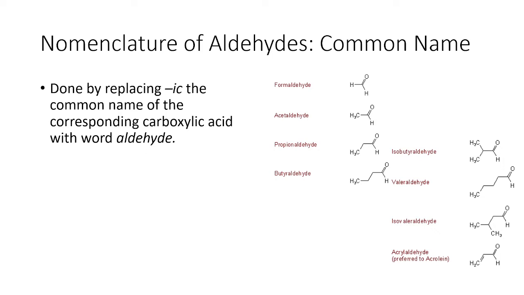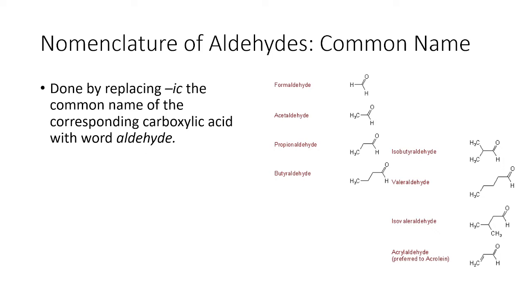The common name of an aldehyde is simply done by replacing the -ic in the common name of the corresponding carboxylic acid with the word aldehyde. But as of this point, we have yet to talk about carboxylic acids, so medyo magiging mahirap yung pag-name natin ng aldehydes when we talk about their common names.